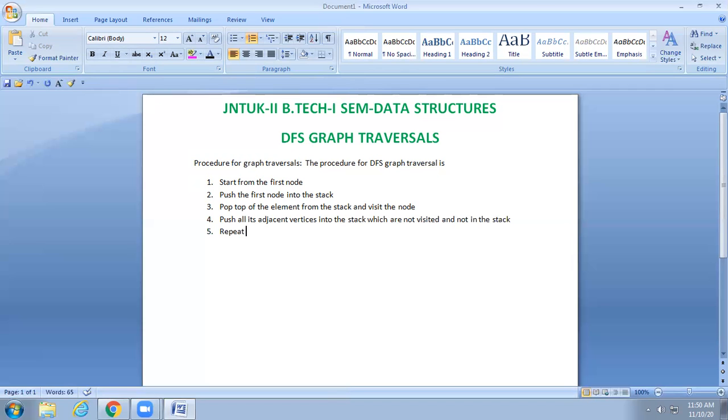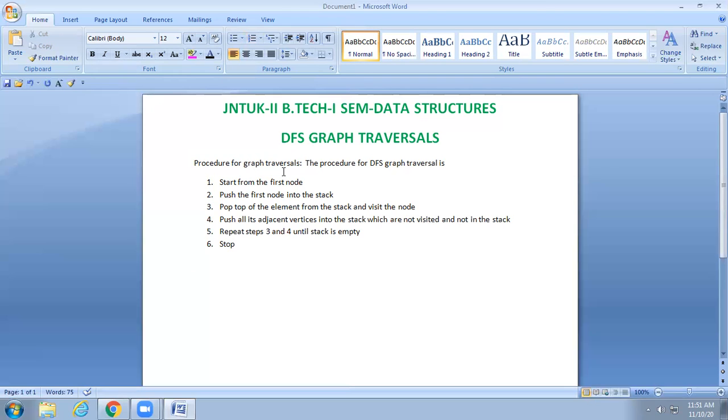Repeat steps 3 and 4 until the stack is empty. So this is the process used in DFS graph traversal.